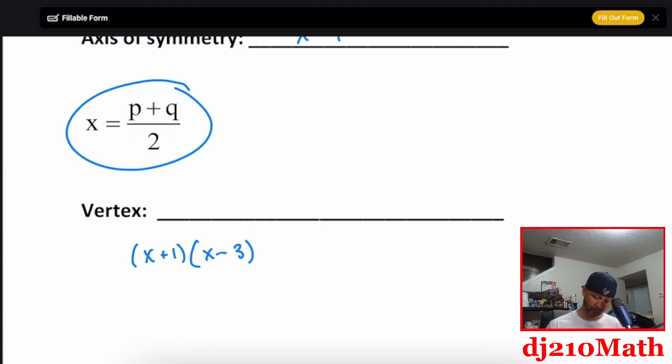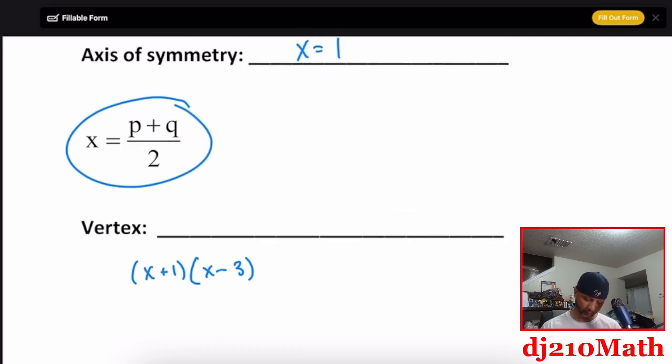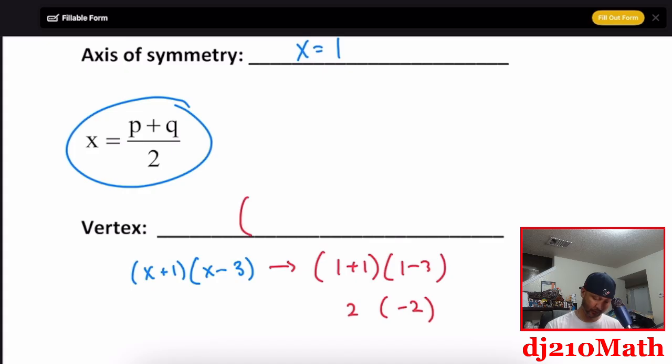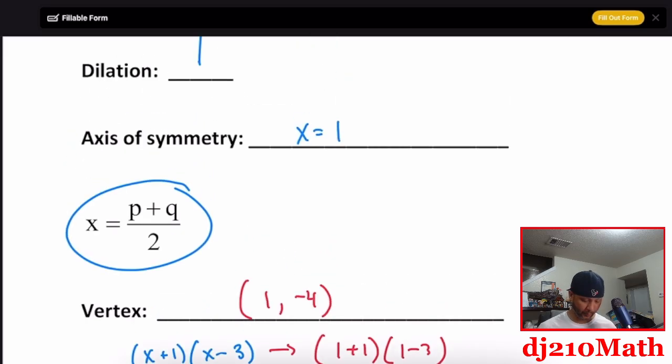So x plus 1, x minus 3. All right, we're plugging in x equals 1. So this is going to be 1 plus 1, 1 minus 3. 1 plus 1 is 2. 1 minus 3 is negative 2. And the vertex is going to be at x equals 1, y equals negative 4. So 1, negative 4.